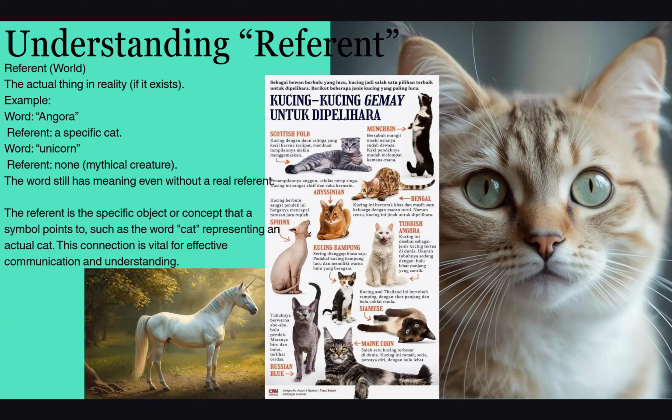For example, the word angora: the referent is a specific cat. You know that this is an angora, but it's not, for example, a Scottish fold. The word still has a meaning even without a real referent.